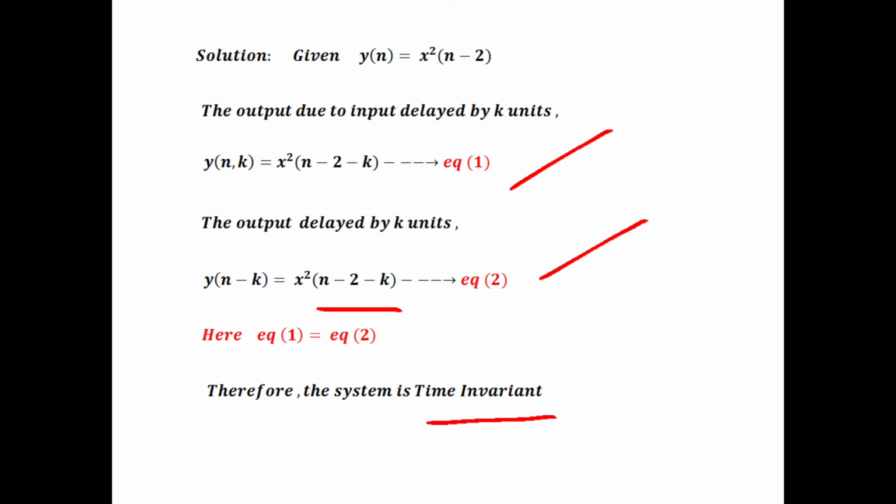You have to replace n by n minus k. So both equations will not be equal. That system will be a time variant system. Here the square is inside, so x square of n is different from x of n square.